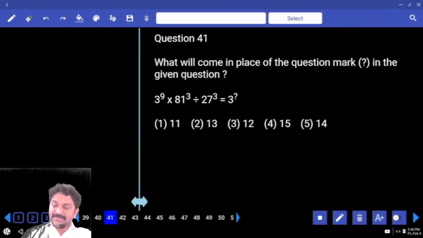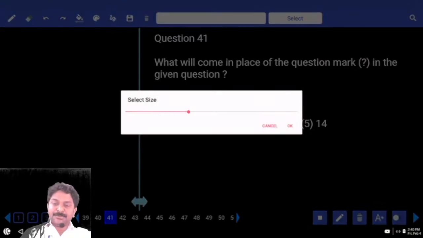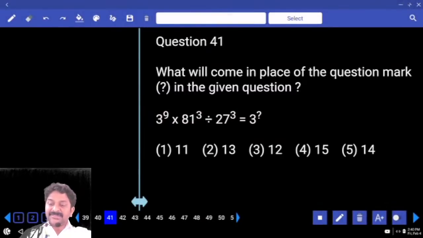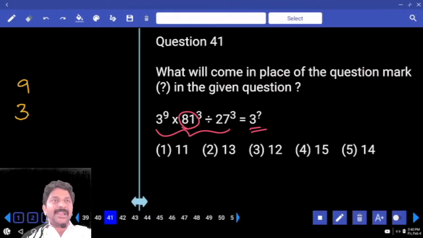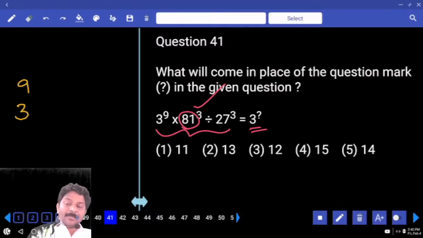Your x value is an exponent. Correct? And the base value is? So on the left hand side also every number should be converted to base value 3. Am I right? Okay. 3 power 9 into 81, which can be written as 9 square or 3 power 4 power 3. That means 3 power 12.